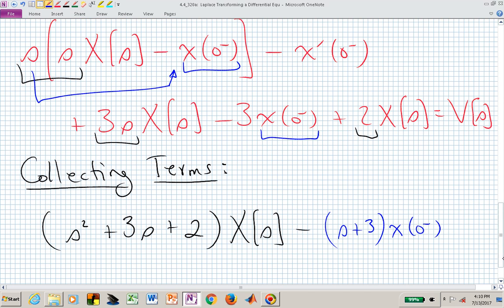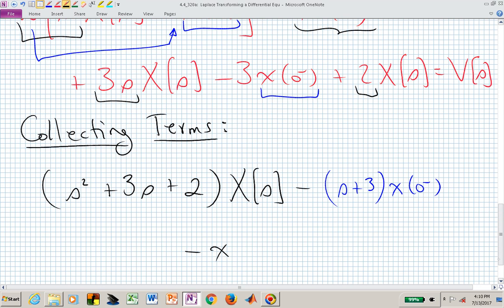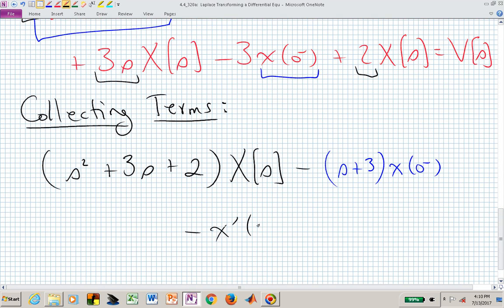And finally we have this piece right there, minus x prime of 0 minus, equaling V of s.